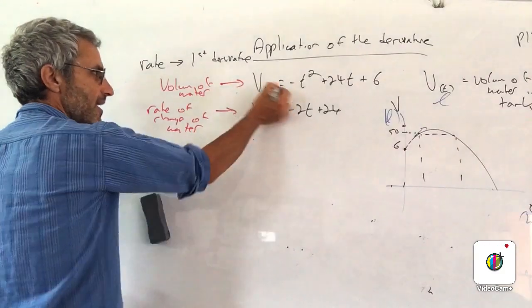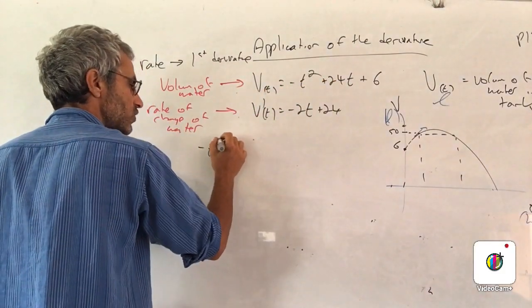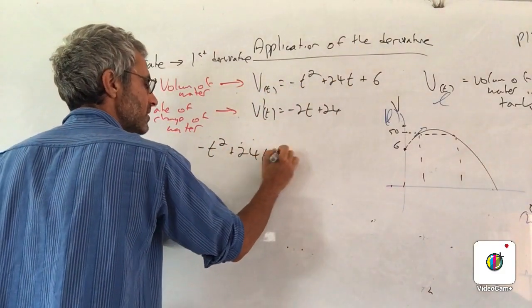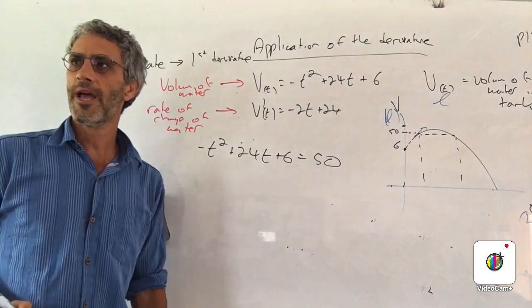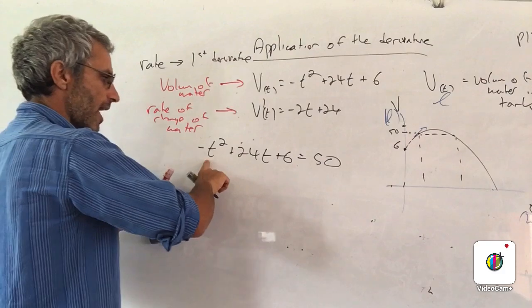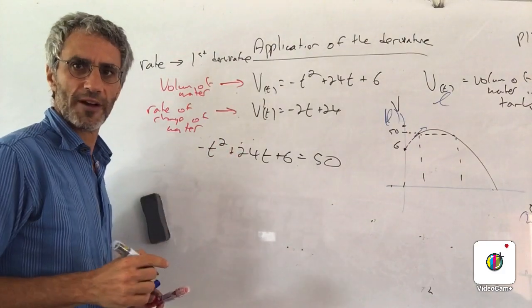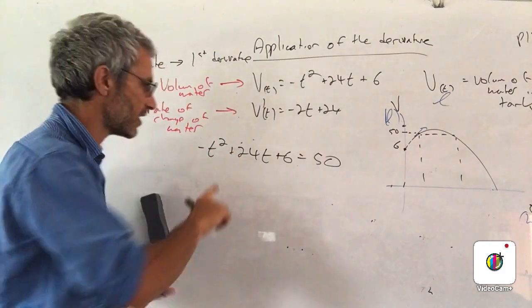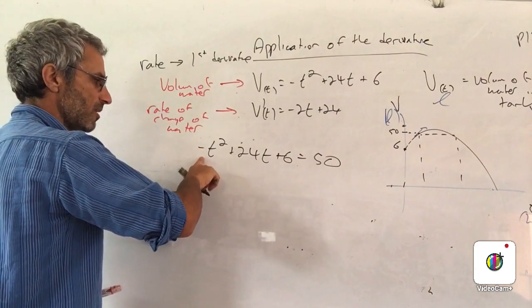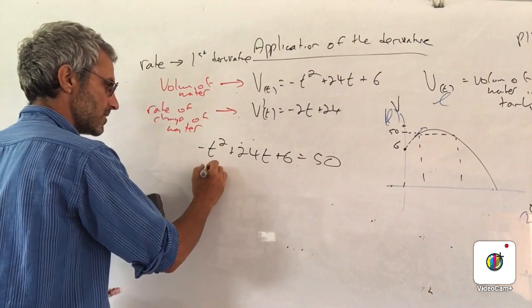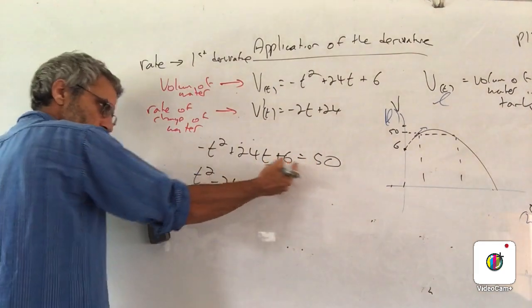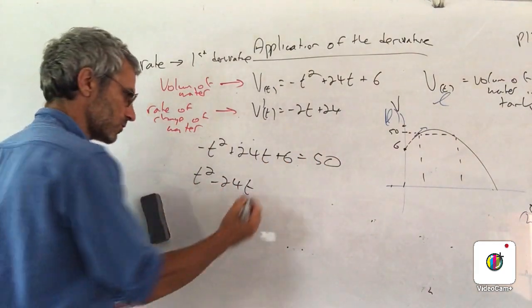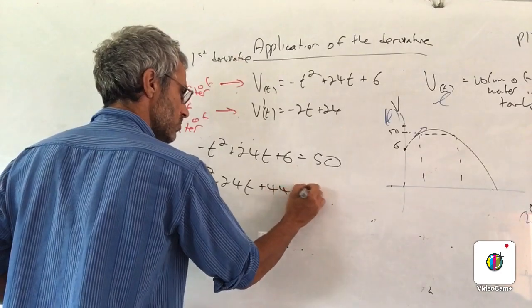So I must say minus t squared plus 24t plus 6 equals 50. Okay? And what I will do, I want to have a positive, just for the sake of it, I'm going to try and factorize for now, just for fun, because we haven't done it too much. So I'm going to multiply everything by minus 1, so it will be t squared minus 24t plus 44 equals 0.